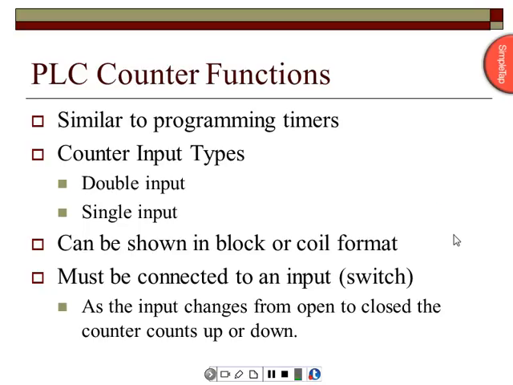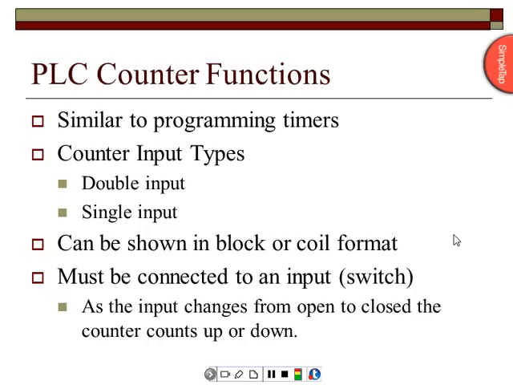We have, on counters, double input and single input, just like we do with timers. We can look at them in the block format or the coil format. They have to be connected to a switch, or some type. I put in their switch in parentheses, but it could be the sensor that we were talking about.